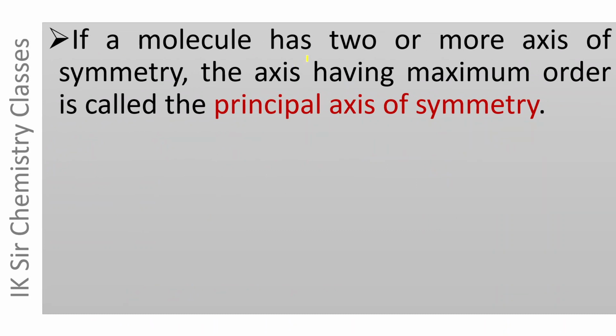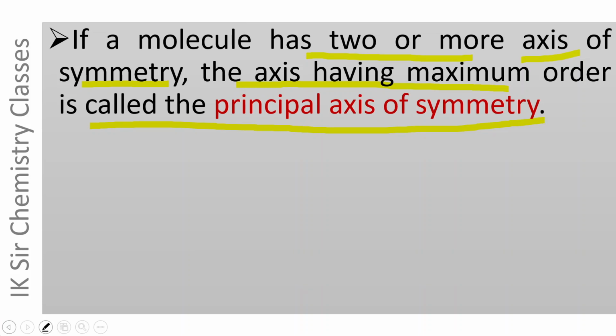If a molecule has two or more axis of symmetry, that is axis of proper rotation, the axis having maximum order is called the principal axis of symmetry. Let us see it again. It is very important. If a molecule possesses two or more axes of symmetry, then the axis of symmetry having the maximum order, that is the maximum value of n, is called principal axis of symmetry.